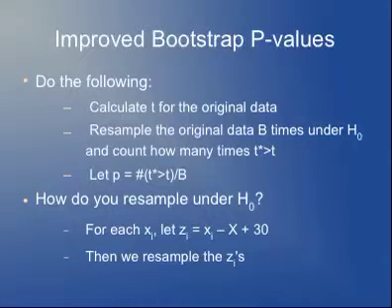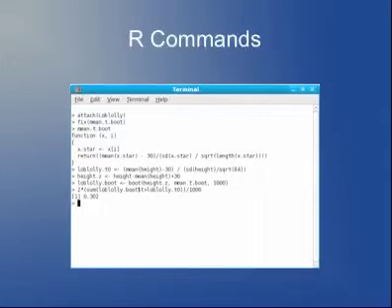Because if the null hypothesis is true, then the distribution of these z's should be the same as the distribution of the original x's. So here's some code to do this in R. Like I said, this is definitely not something I'm ever going to ask you to do in this class. If you want to do it so that you can impress us and make us think you're smart when we grade the homework, go for it, but you certainly don't need to.